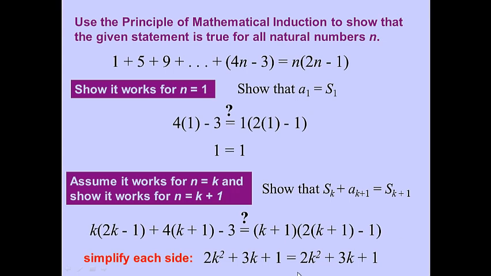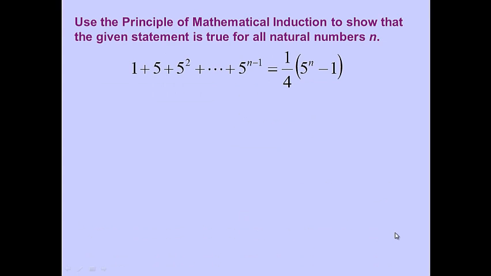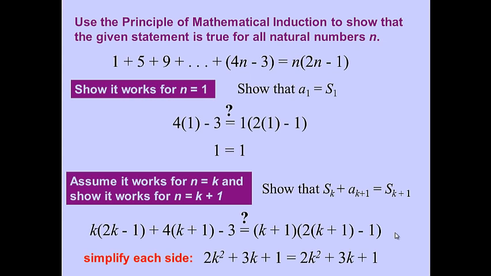If I multiply that out, I get 2k squared plus 3k plus 1. You can do the algebra and demonstrate to yourself that that works. Okay, conclusion once again. Let me go back to here. I've demonstrated that if s sub k is equal to the formula that I claim above, and I add one more term to it, then it is also true for k plus 1 terms.